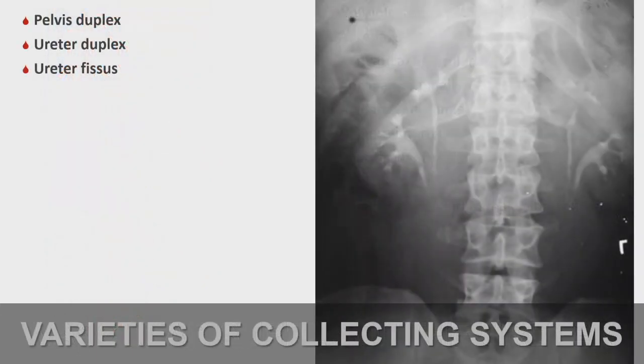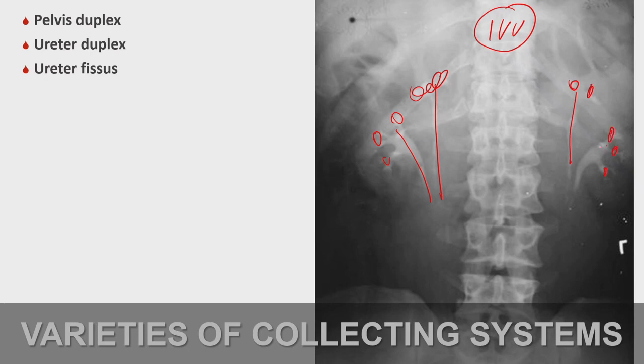So, varieties of the collecting system. This is an IVU, intravenous urography, and it shows us that there is one and there is a second collecting system. Also here on the other side you can see two systems. So it's called pelvis duplex.